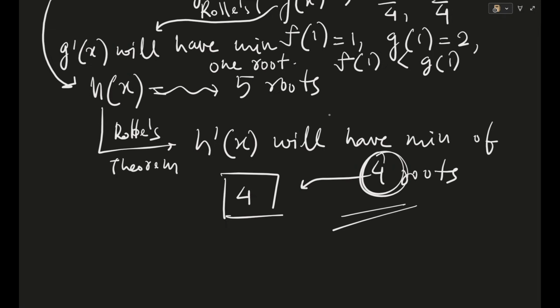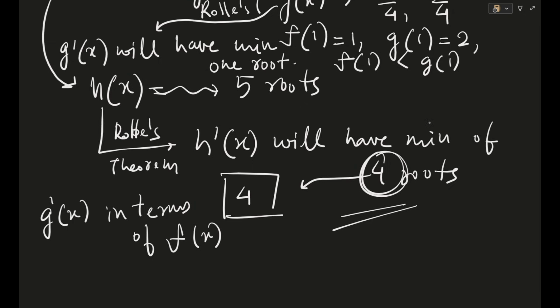Like, there can be, I guess, one more method to solve this, which is that if you express g of x, or rather if you express g dash x in terms of f of x or f dash x. Okay, I can give you a little glimpse.